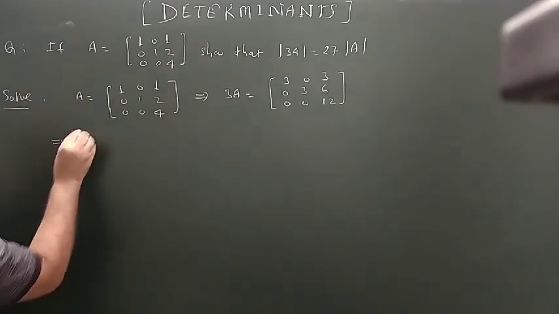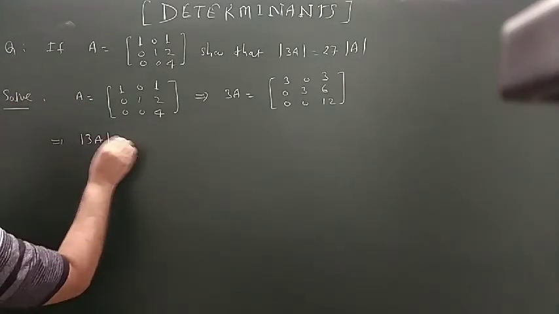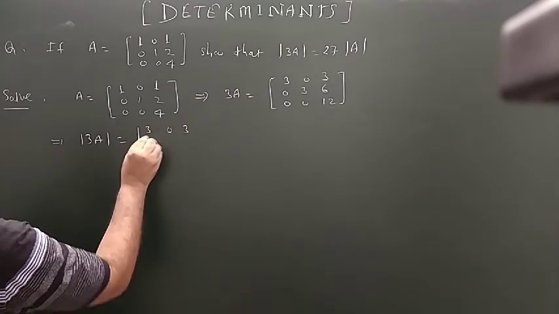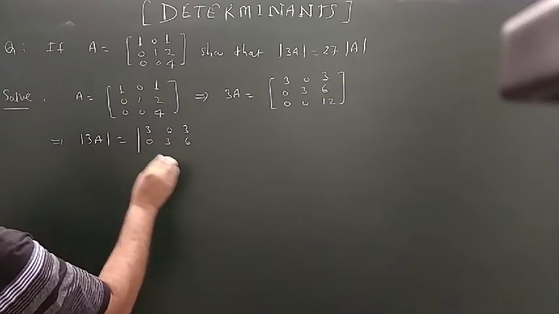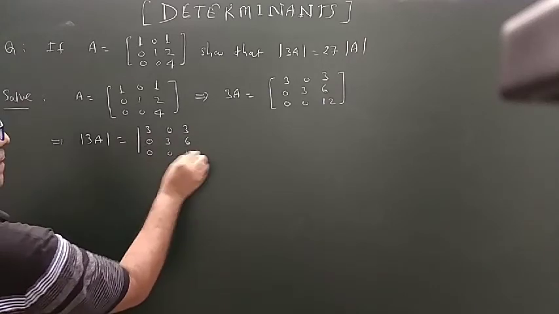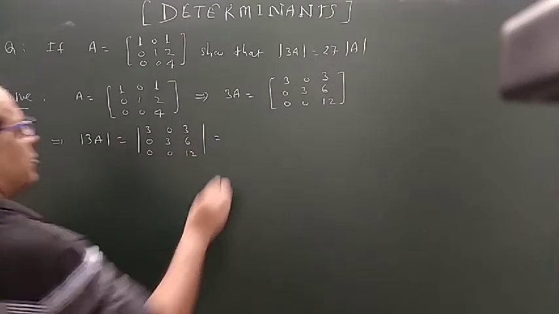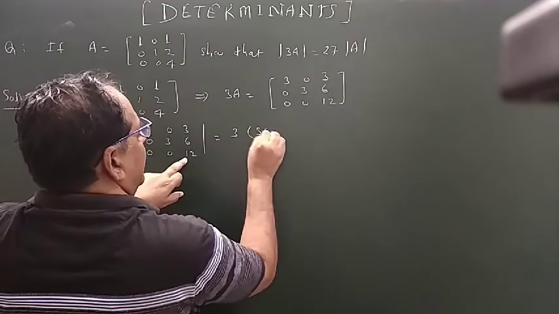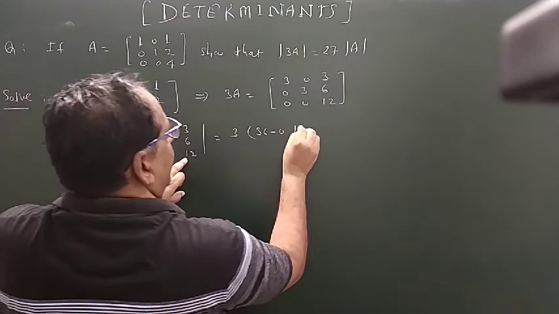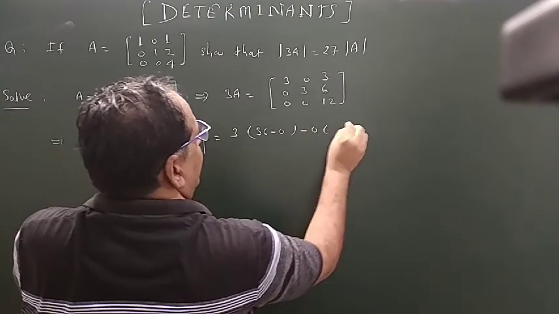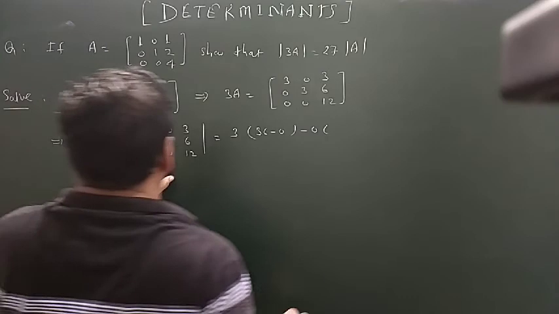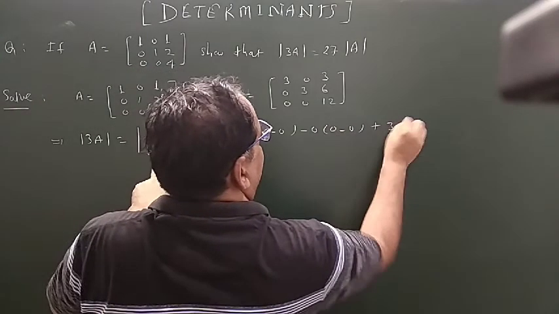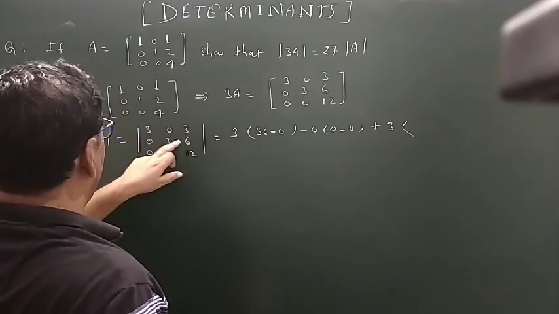Now the determinant of 3A is equal to 3 0 3, 0 3 6, 0 0 12, is equal to 3 times (36 minus 0) minus 0 minus 0, again plus 3 times (0 minus 0).